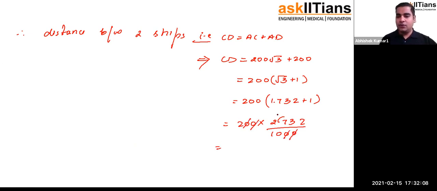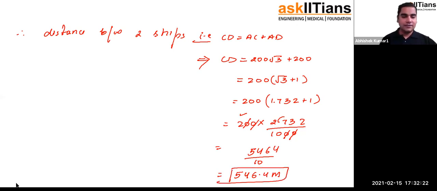If you multiply 2 by 2732, you will get 5464, and you will get 546.4 meter. So this value gives us the required distance between the two ships under consideration. Is that clear? Because 2 into 2732 gives you 5464. All right. So that's the distance between the two ships.